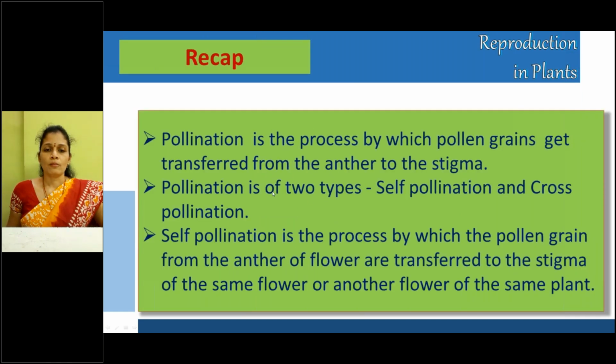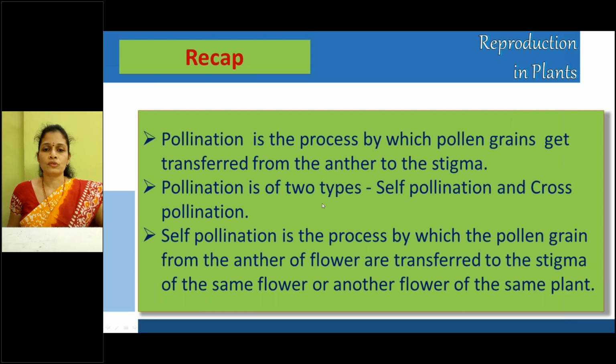First point is, pollination is the process by which pollen grains get transferred from the anther to the stigma. I repeat the point once again, children. Pollination is the process by which pollen grains get transferred from the anther to the stigma.